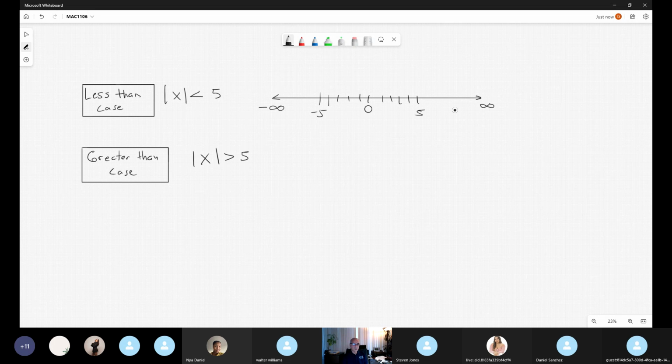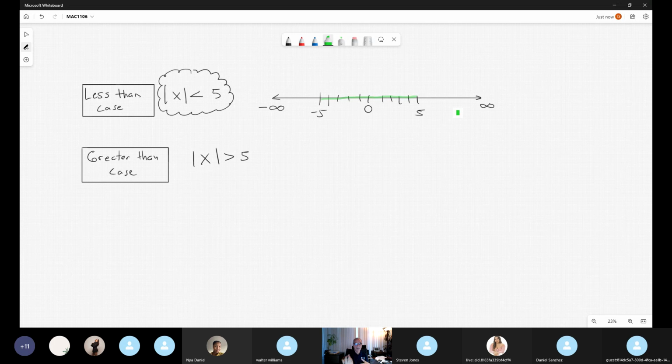The solution of the less than case is the interval I highlight in green, because it's when the distance from 0 to 5 or negative 5 is less than 5. In other words, it's when it's near.